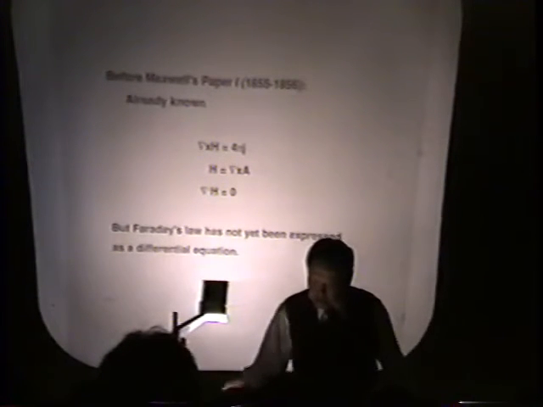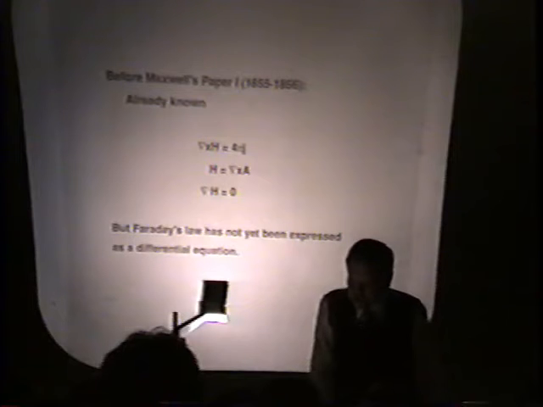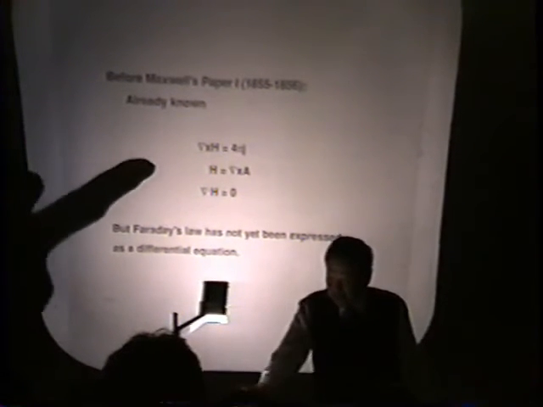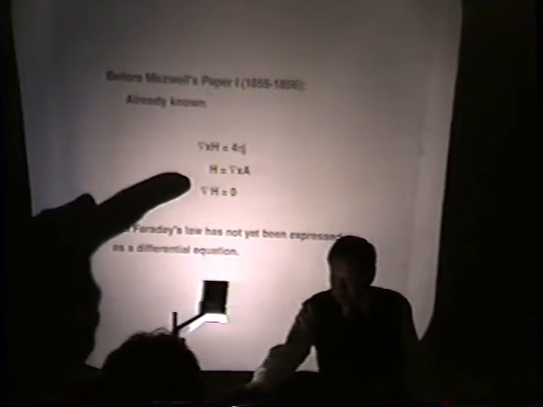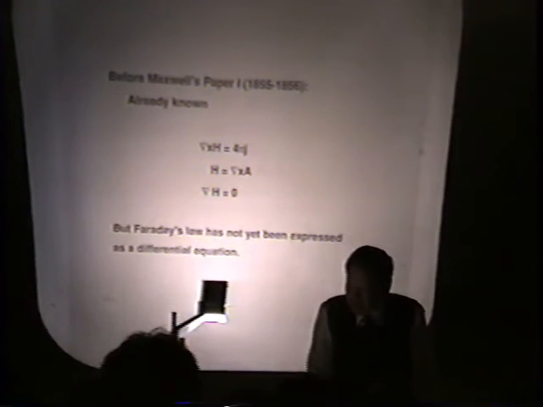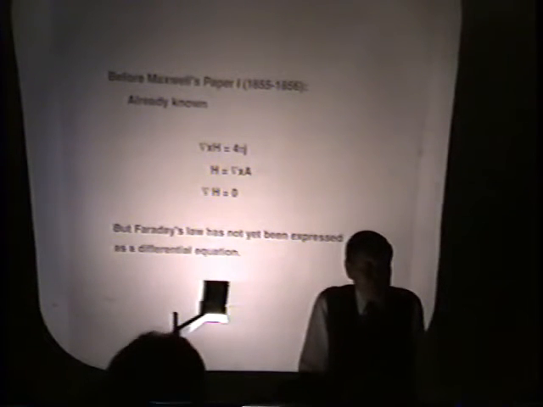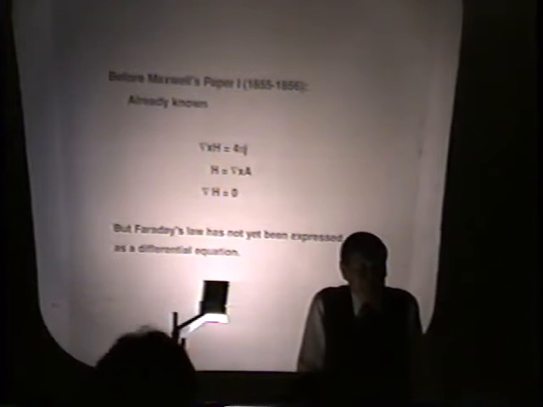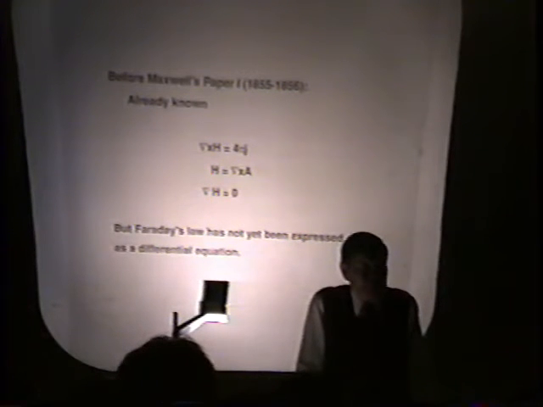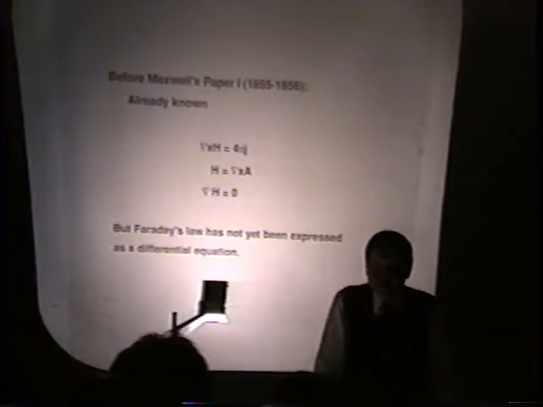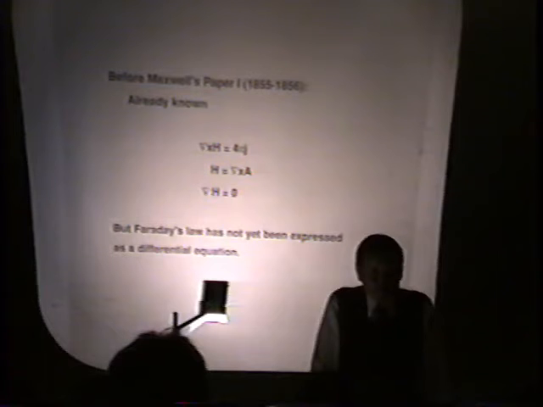Now, when Maxwell started, some of the later Maxwell's equations had already been written into differential equation form, including Ampere's law. This is Gauss' law. But Faraday's law was still in words. Faraday wrote many papers, but Faraday was not a mathematician. He had very little training in mathematics, so you could not find a single equation in Faraday's papers.